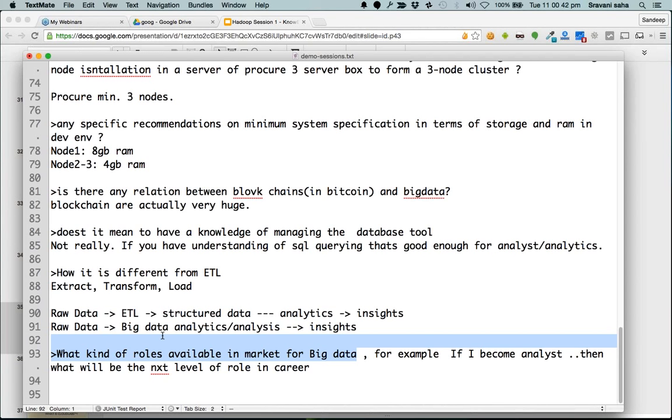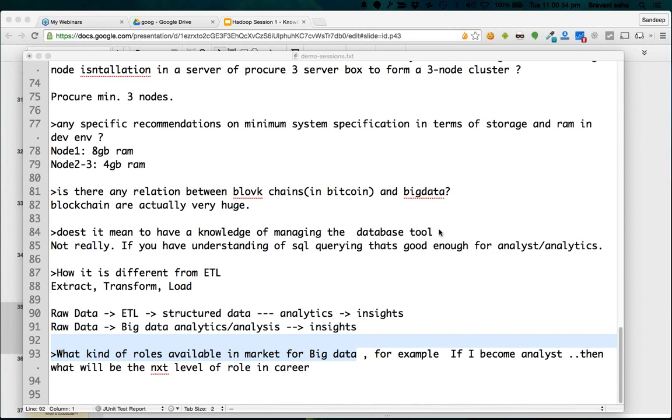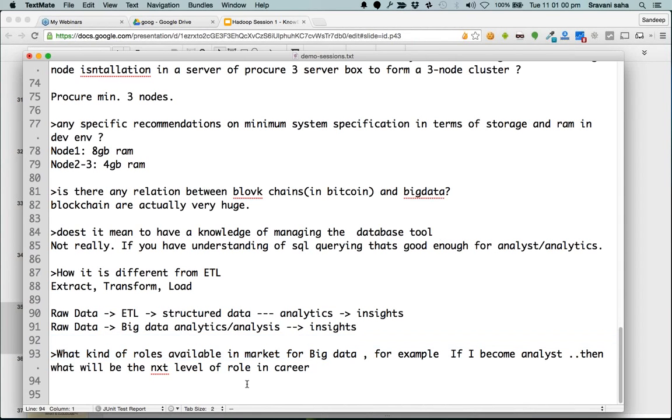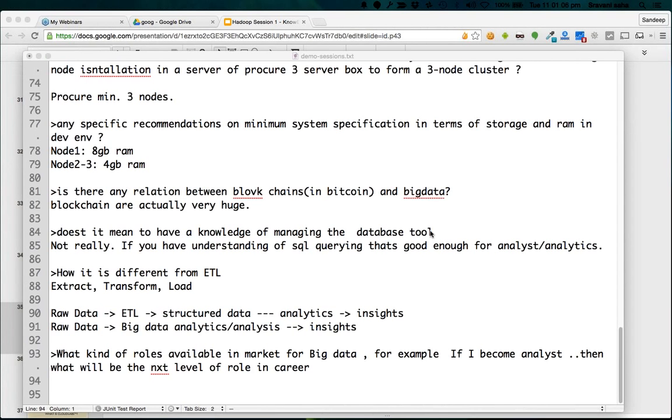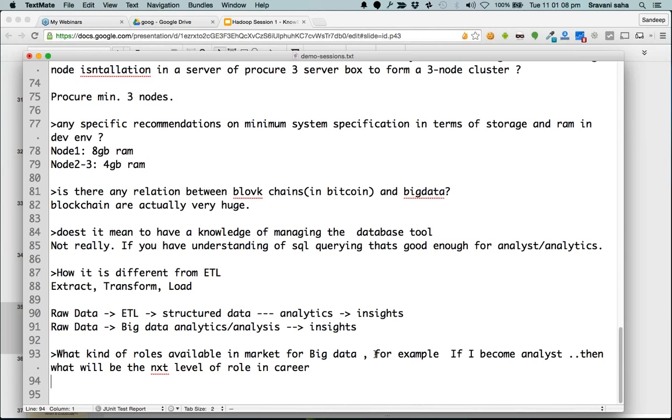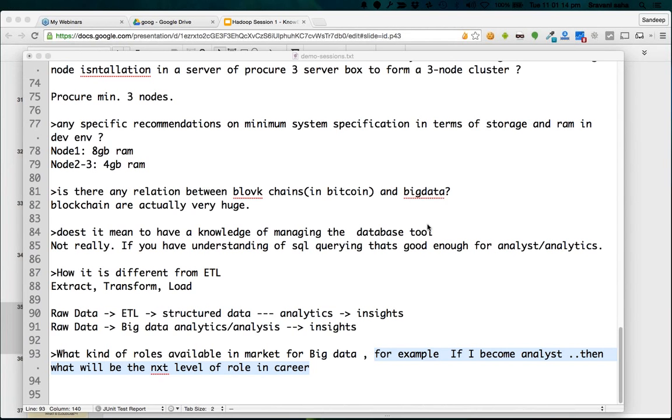Then there is another role called data scientist, who figures out new ways of giving insights on data. Was I able to answer, Sridhar? For the second part of your question, it all depends on the organization, whether they have senior analyst or call it something else.